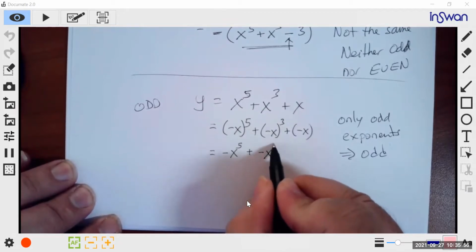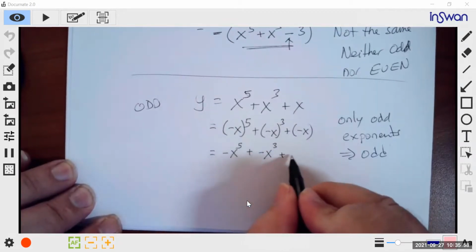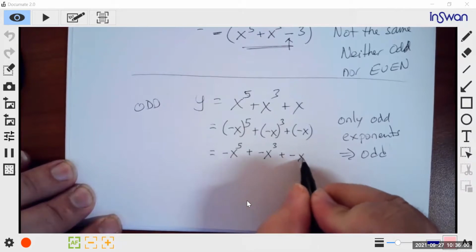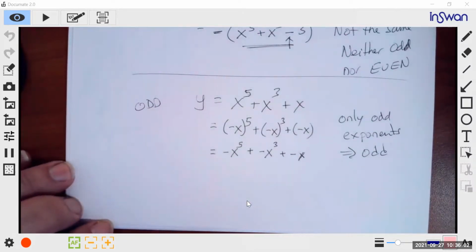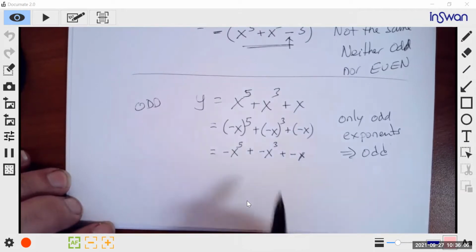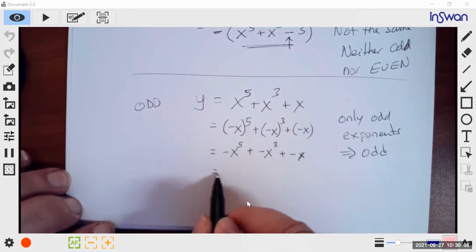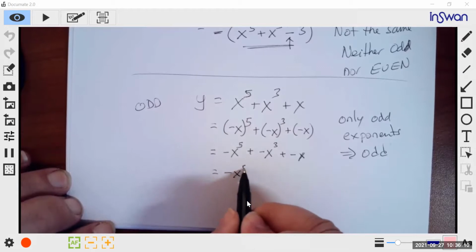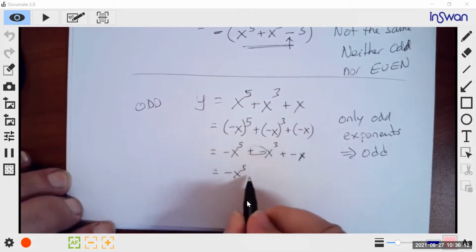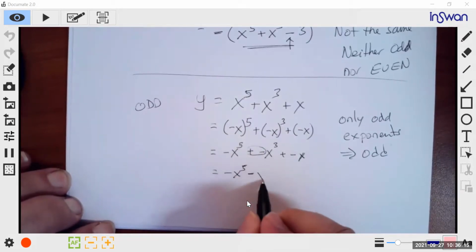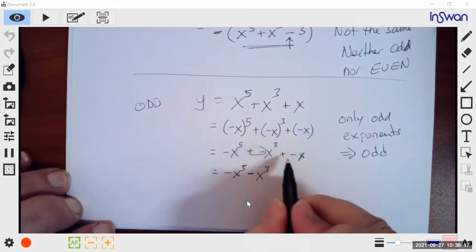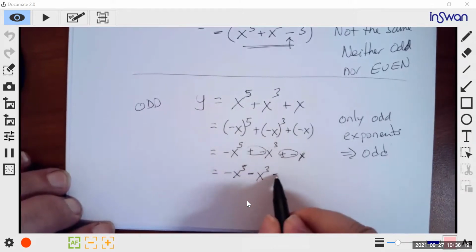So it just becomes a negative value. Positive and negative becomes a negative.